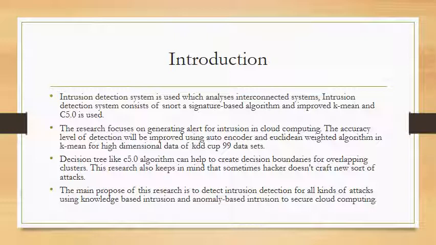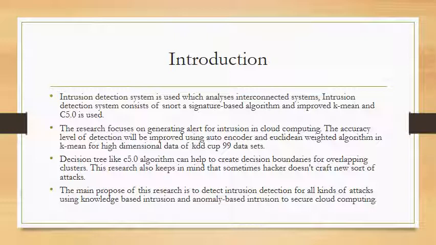For this, I have used Snort and the K-means and C4.5 algorithms. I would be using the KDD Cup 99 data sets. I have used the decision tree because it helps to create boundaries for overlapping clusters.